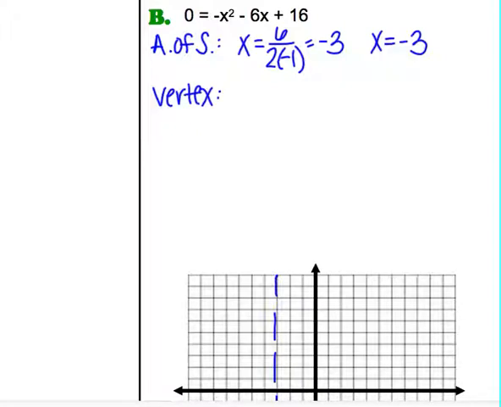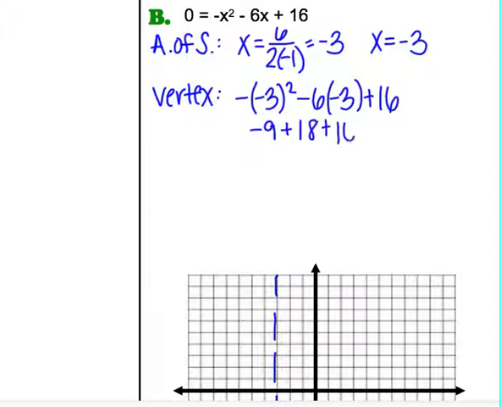So we have here the negative of -3 squared minus 6 times -3 plus 16. So this is -9 plus 18 plus 16, which does give us a kind of high number of 25. So therefore our vertex is at -3, 25.